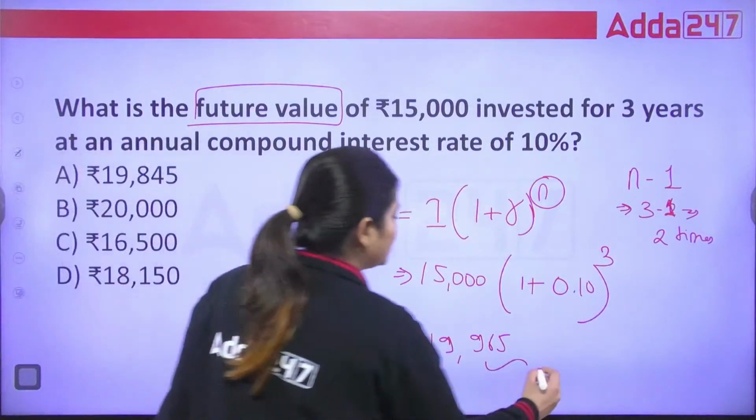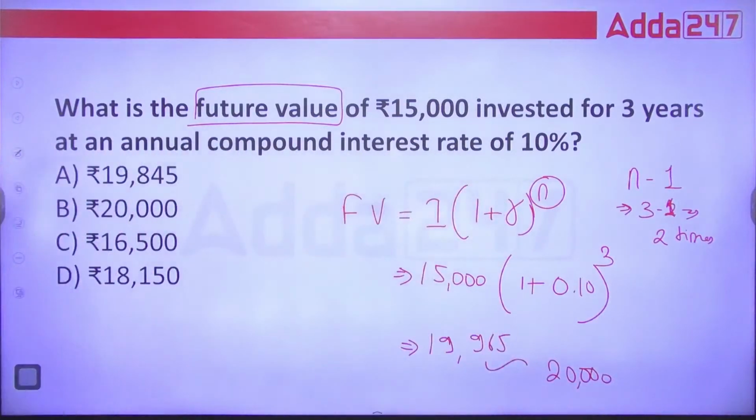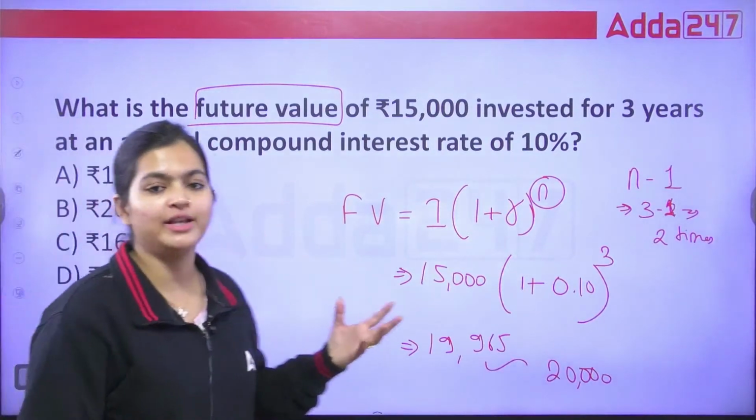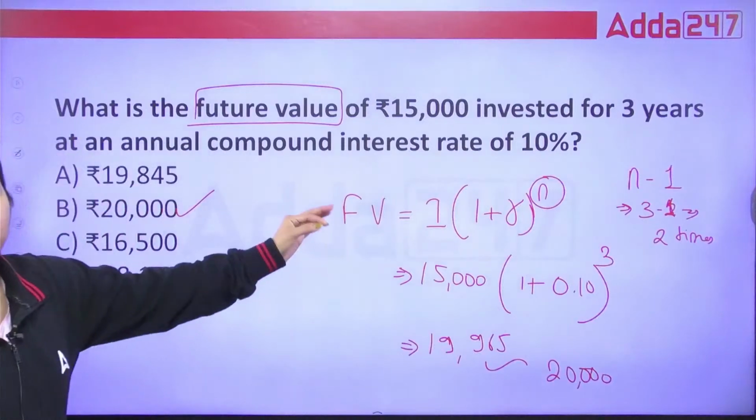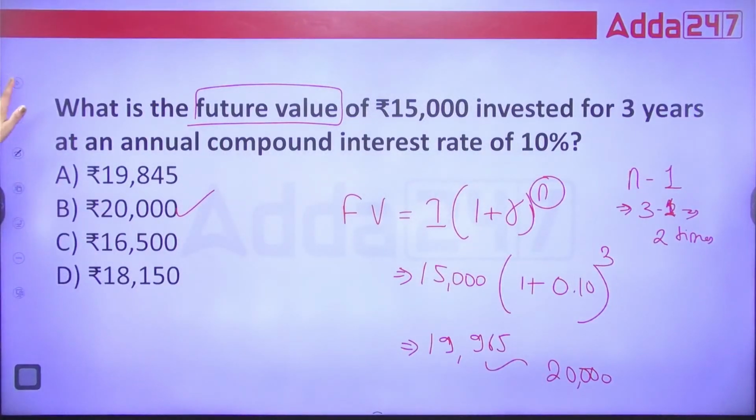So your correct answer will be 20,000. We are going with B. I hope you understood how to calculate the future values. We need to use this formula for calculating the future values. Let's see the next question.